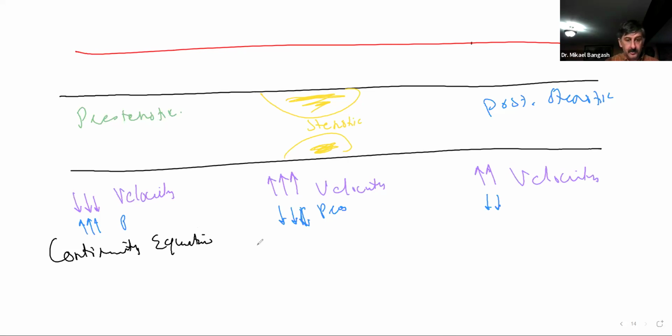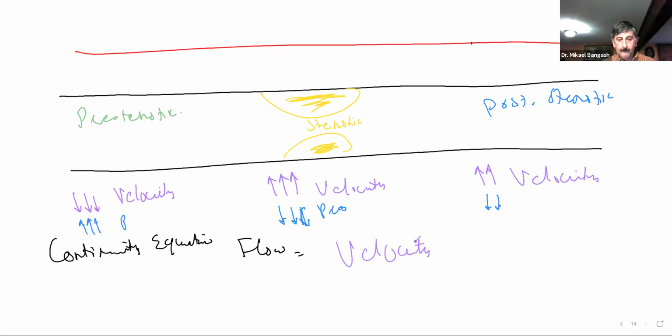The continuity equation says that flow is equal to the product of velocity times area.